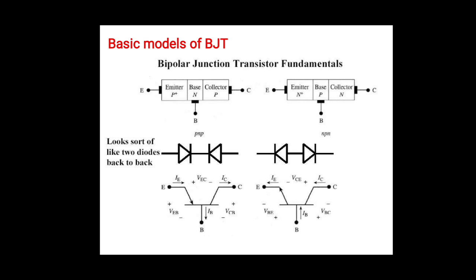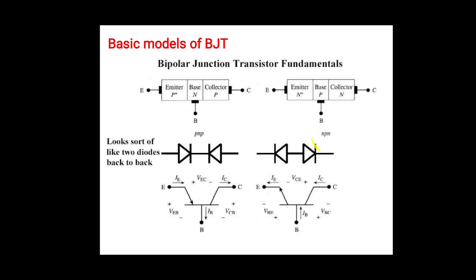So suppose the emitter current is coming inward, then both the currents IB and IC go outward, because IE is equal to IB plus IC. That is happening in the PNP transistor. See, this is the direction of current IE, it is coming inside, so the directions of IB and IC are going outward.